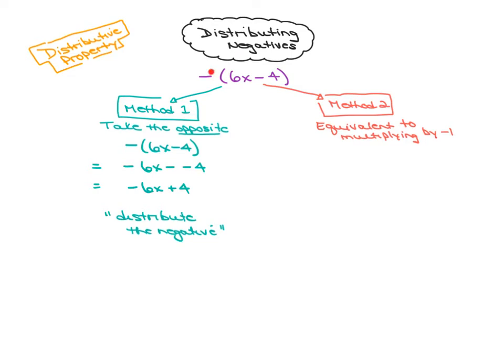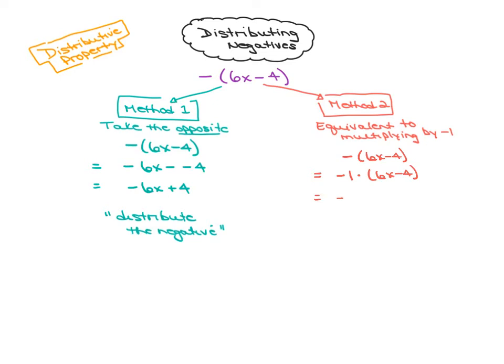Another way people think about this negative sign that you need to distribute is it's equivalent to multiplying by negative 1. So we can start with the opposite of 6x minus 4, and this is equivalent to saying negative 1 times 6x minus 4. This is sometimes more familiar for mathematicians because we can use the thinking about the distributive property of multiplication.